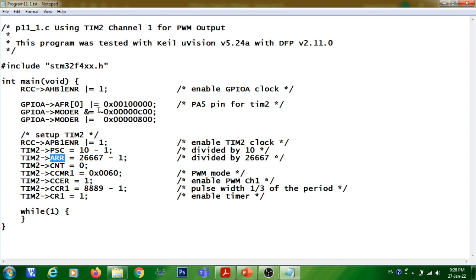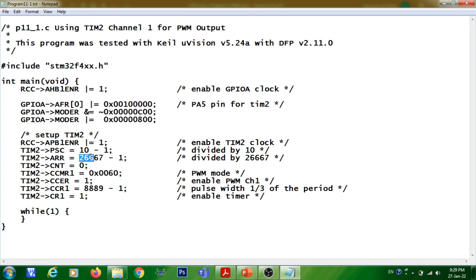But I need only 10 clocks. Since you are incrementing from 0 to 10, 11 clocks will be taken. But I need only 10 clocks. So what should I do? Whatever value you are moving to ARR, minus 1 should be given. So my actual value should be only these many counts, 26667.